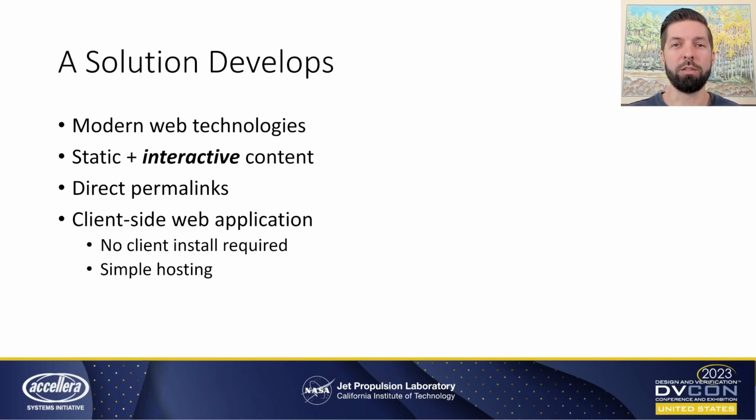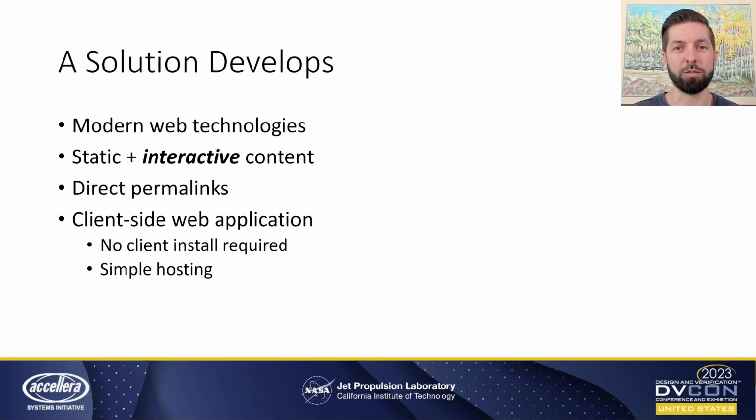But the problem is we're not using it to its full capacity. We're using it as just another PDF or just another Word document, static content. We do get some benefits out of that, like being able to direct link to a specific register, for example. But we could do much more with that.